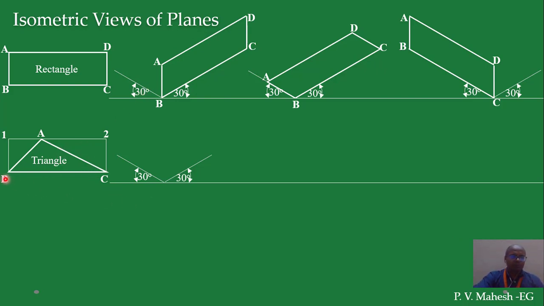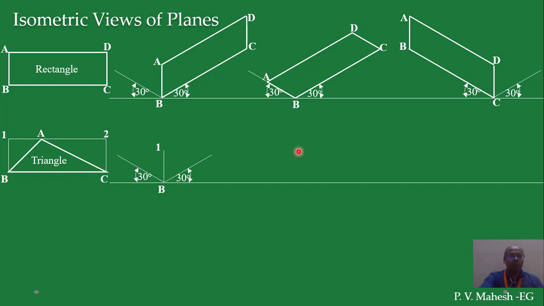In the box method, here B1 to C is the box. First we will draw the isometric view of B1 to C, and then we will include this ABC triangle into that. First B1. B1 is a vertical line, because we are thinking of drawing the front view first. B1 is height.